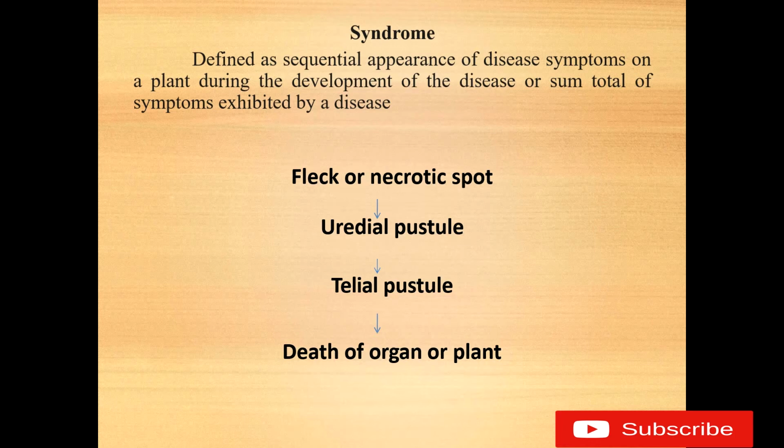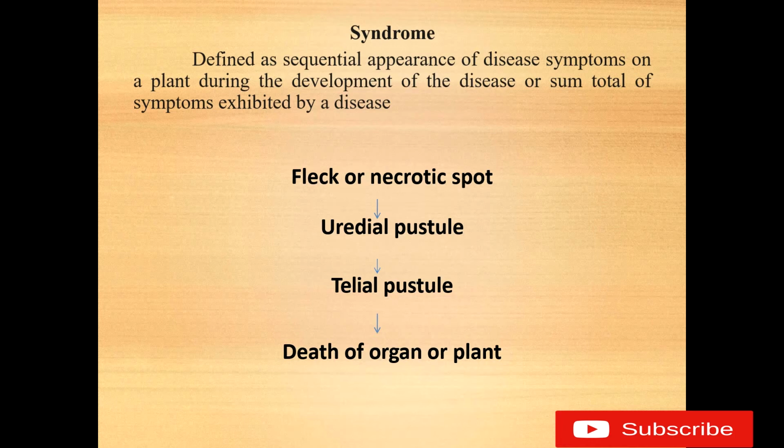All these symptoms as a sum total are known as a syndrome. Likewise, in plant diseases there is a series of events or sequential appearance of disease symptoms, all together known as a syndrome.